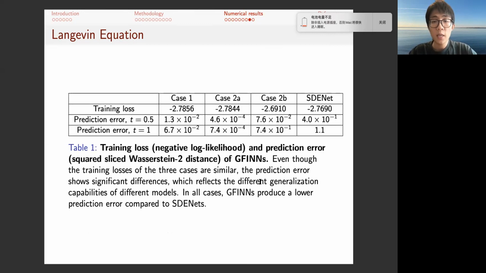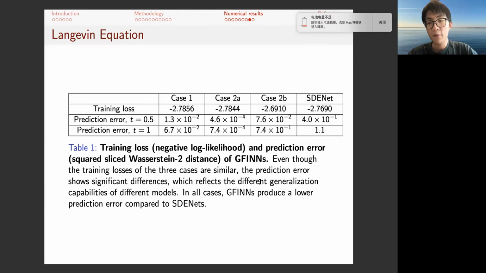This table shows our method and SDE-Net. SDE-Net is the method which parameterizes the mu and sigma as neural networks directly, instead of putting the generic formalism into them, and uses the log likelihood estimator also. So that one doesn't use any physics knowledge in general.